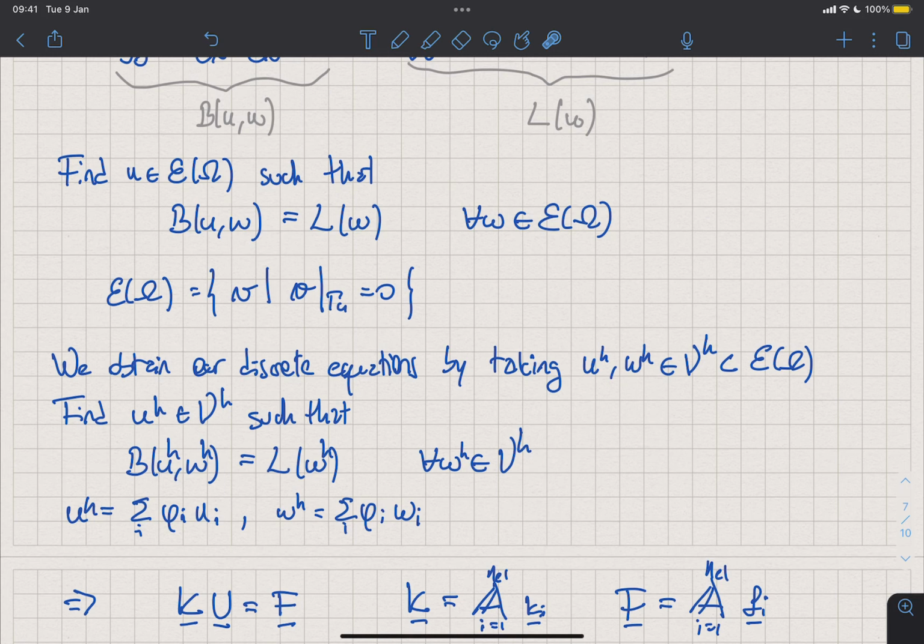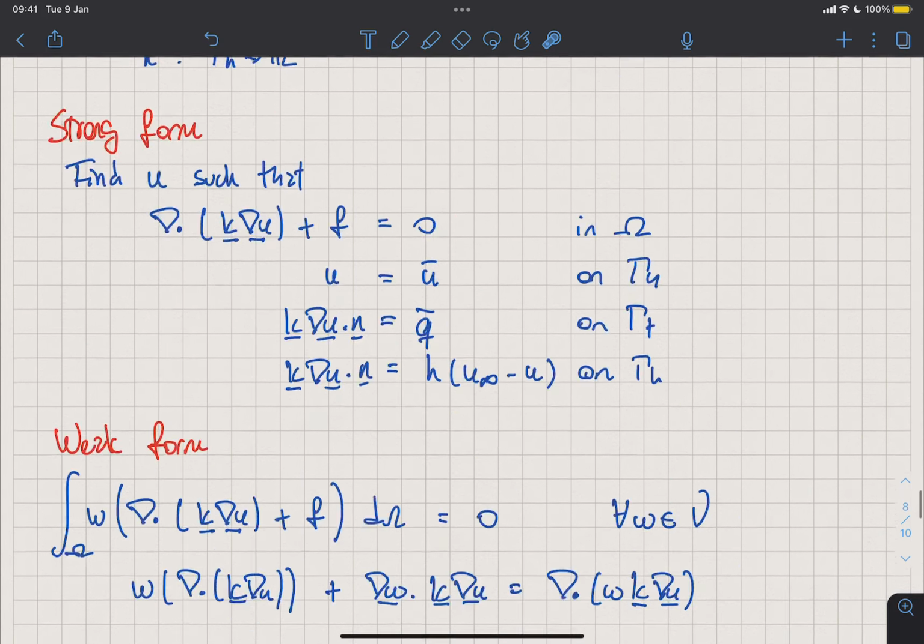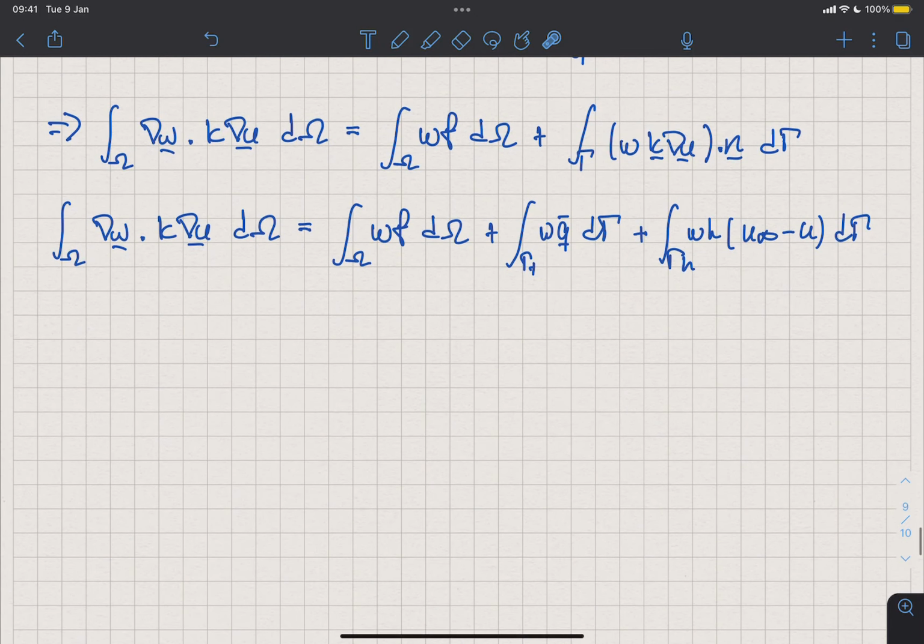And we do this because we don't want to deal with reactive terms. That is why that term disappears. In other words, if I include one more term, which is the integral over gamma u of W times some, let's call it QR, that's the reactive flux, right? Then that W is actually going to be 0 there, so this term just cancels out, and we don't deal with it. All right?